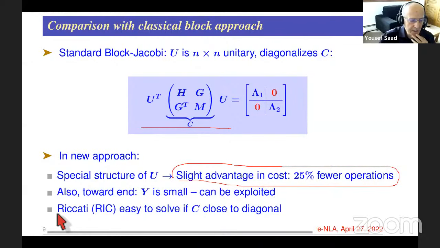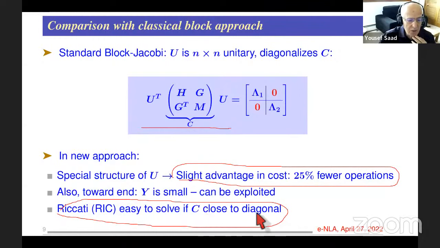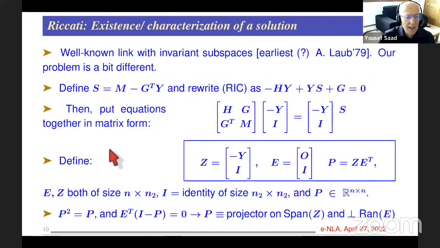There's one particular application where this could be quite useful, in the case where C is close to diagonal. For example, if you have a matrix that's almost diagonal, then it's very inexpensive to solve the Riccati equation in that case, or approximately solve it. So any questions about the setting so far? And then we'll go to the theory.